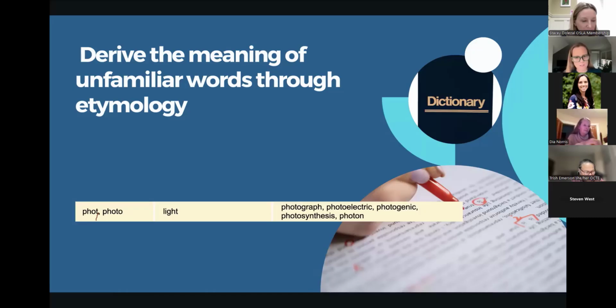So there's something called structured word inquiry. It is easy to find information on it, but again, there is not really a set scope and sequence. There is not really an instructional manual that you can buy, but there's a lot of interesting information about how to use this method for unpacking multisyllabic words.